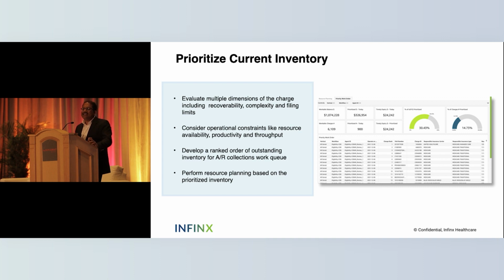a constraint-driven process, right? In many cases, most organizations implicitly prioritize. If you have only 10 people to work it and each of them can only work 50, so you can only work 500 charges a day and you have 50,000 outstanding and you're adding 1,000 every day into your backlog pool, you can intuitively work out in Excel how much you can work.